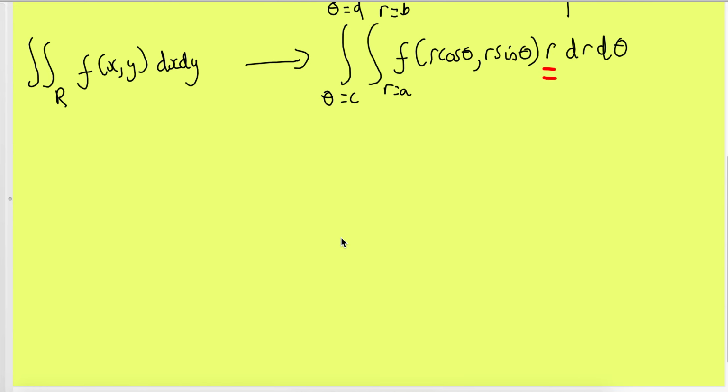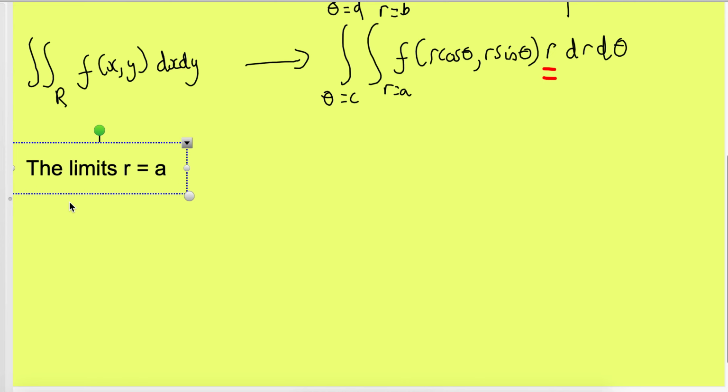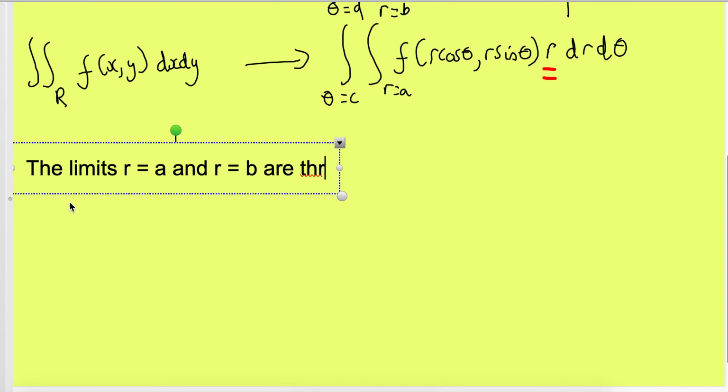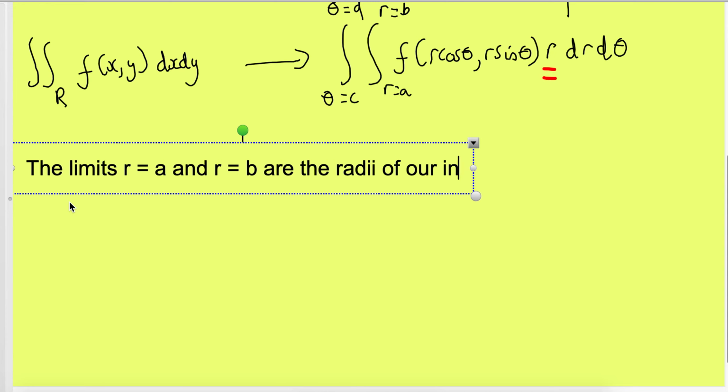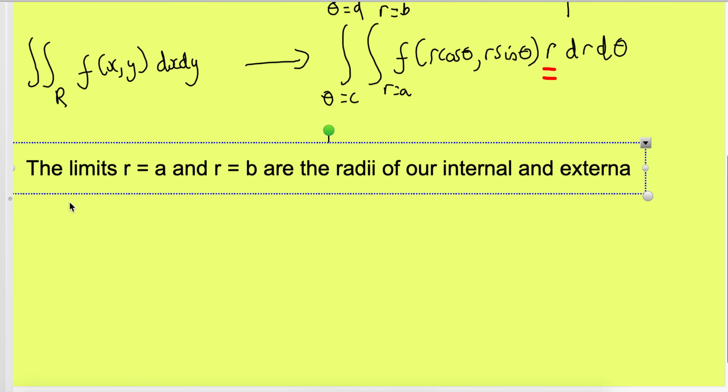Now, a couple of things. The limits r equals a and r equals b are the radii of our internal and external discs. I'll show you exactly what that means.